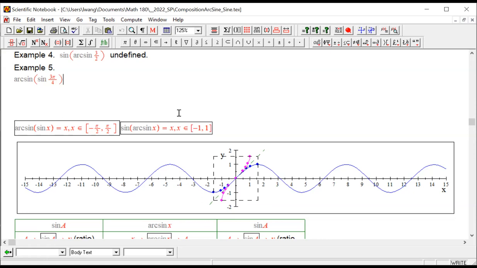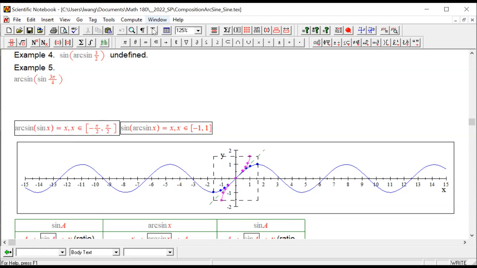If you're still aware of one of these two formulas, you realize this one is exactly the same form. Can we apply this identity? The answer is no, because 3 pi over 4 is outside this interval, outside the box. Do you see that? Therefore, we cannot use it.